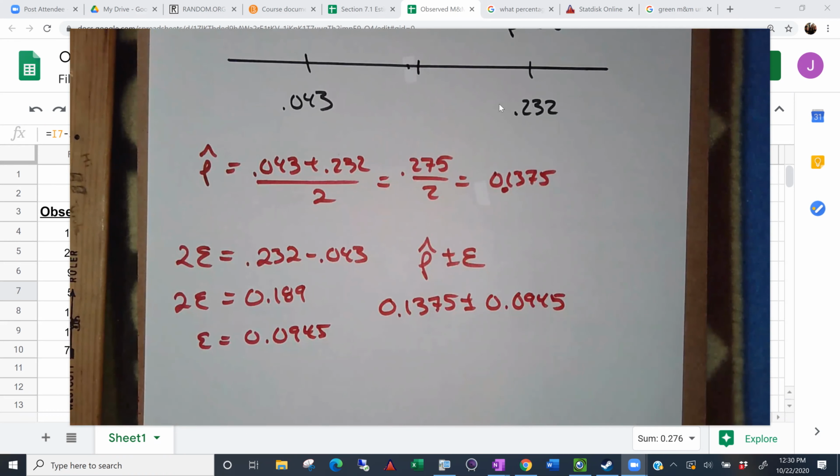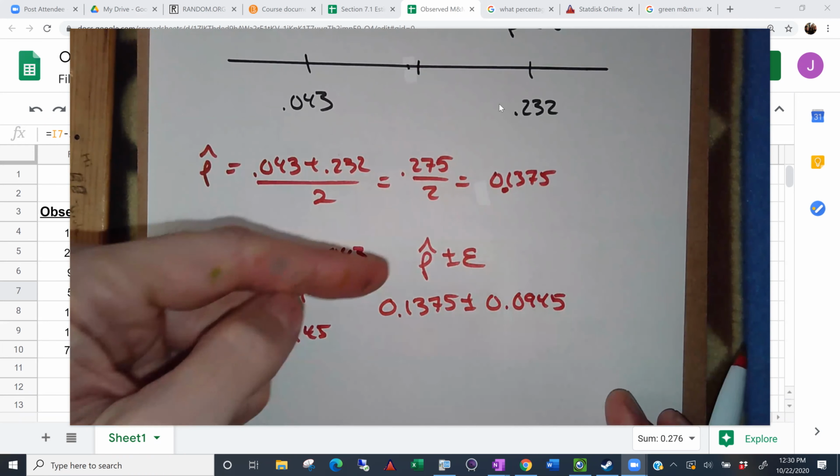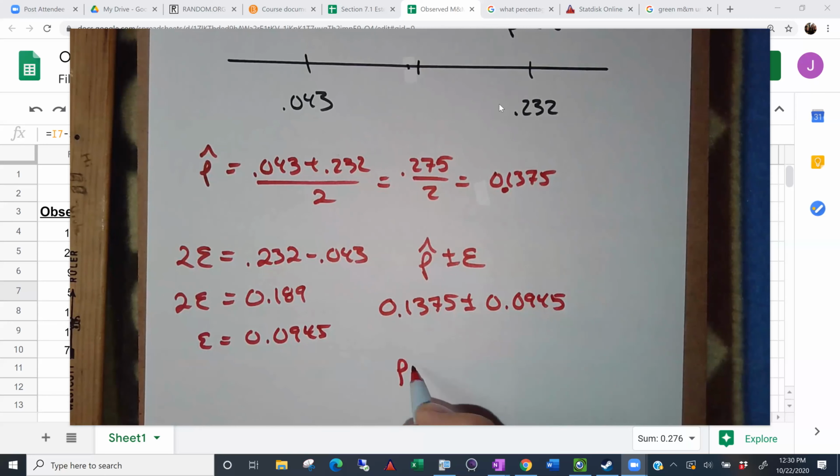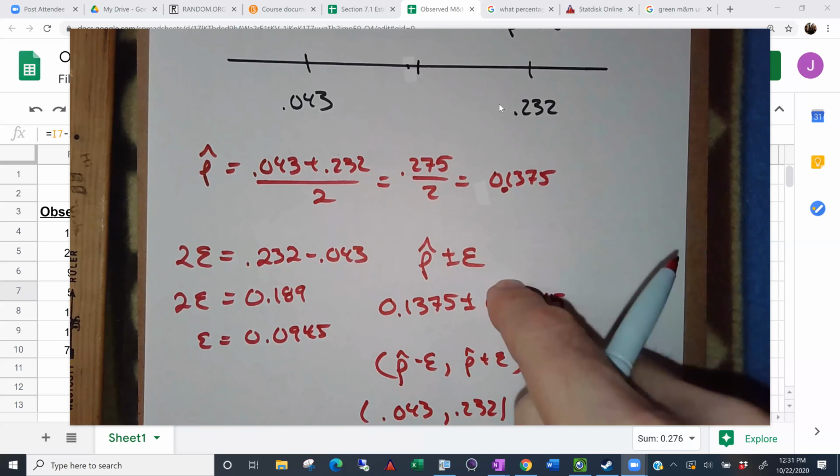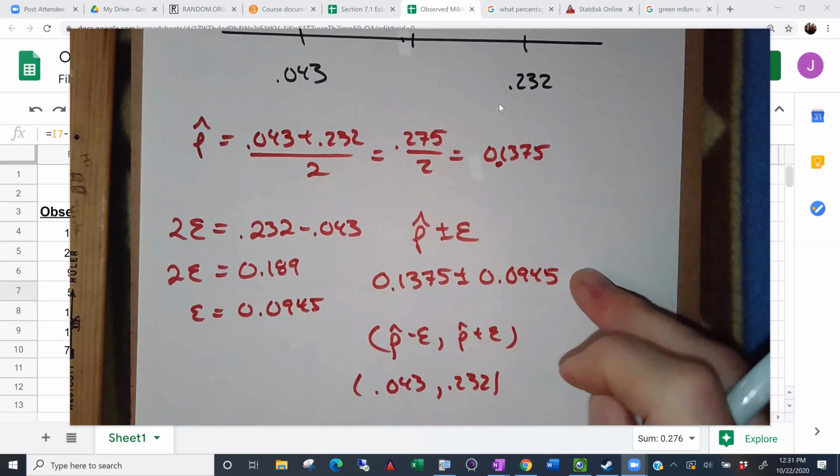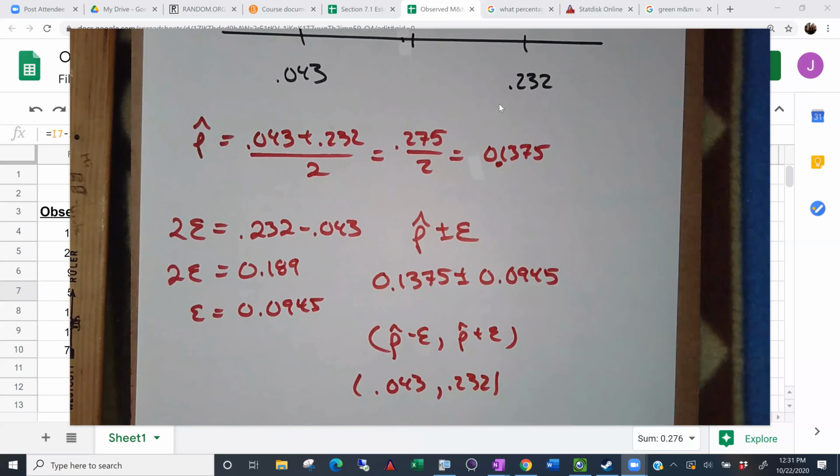So now you can switch between one form and the next. You can go from this form, p hat minus E to p hat plus E, which for us was 0.043 to 0.232. You can start out here and go there, or vice versa. Are we okay with that? There is kind of a big drawback, though, in my estimate for the proportion of green ones.